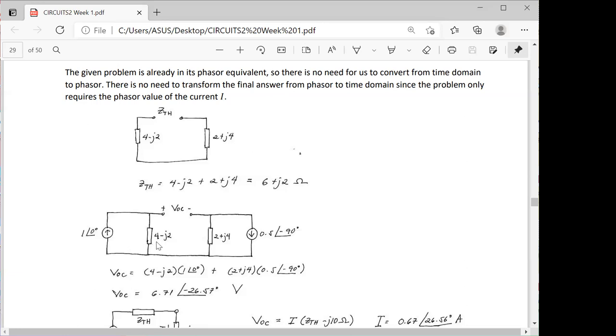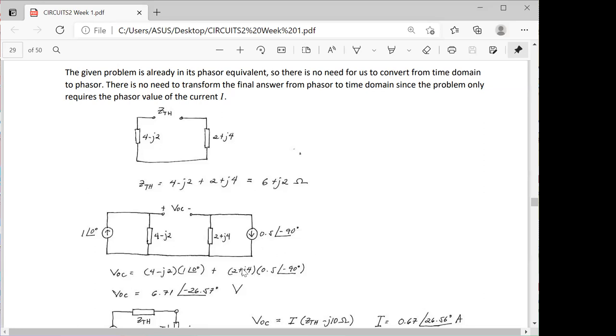The voltage drop is 4 minus J2 times 1 angle 0. So the corresponding sign, after we transpose to the right side of our VOC, we notice that all are positive. From negative going to positive when we transpose these two voltage drops. Okay?